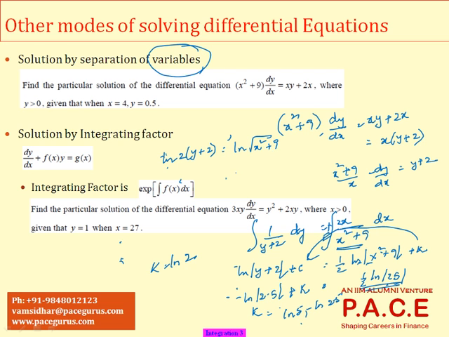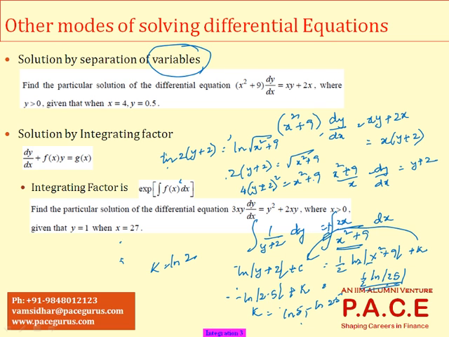Remove the log. 2 into (y plus 2) is equal to square root of (x squared plus 9). Now you can very well do the squaring. 4 into (y plus 2) whole squared is equal to x squared plus 9. Now you can simplify it to whatever extent. This is what is the solution to that differential equation.